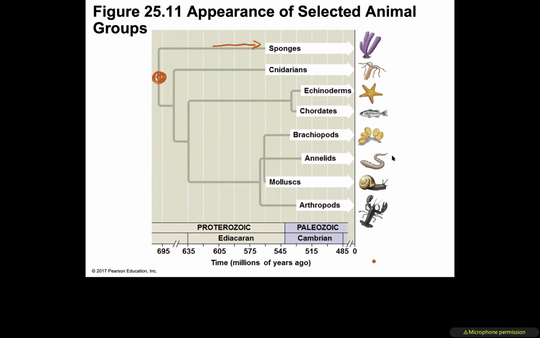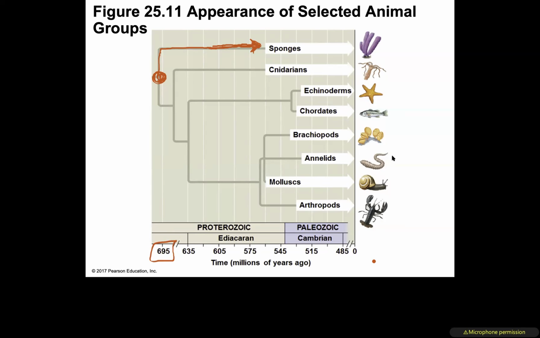What you're going to learn in later chapters is that sponges do not have true tissues, and everything else does. The sponges look the same as the early representatives that evolved 695 million years ago. So that's pretty awesome.